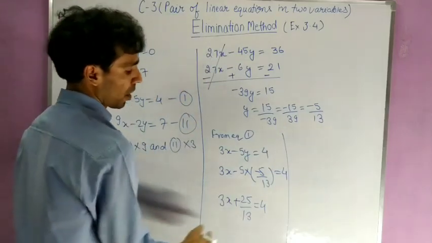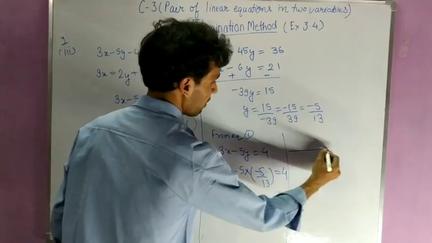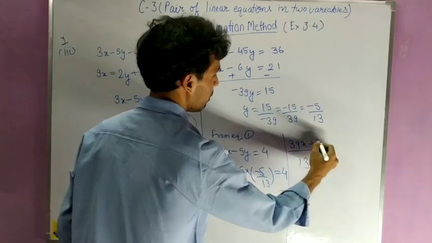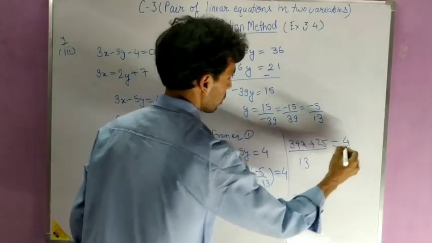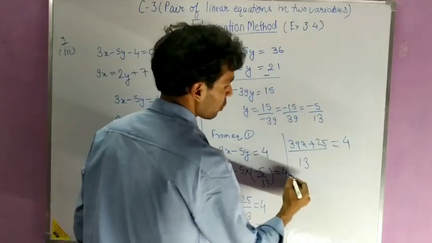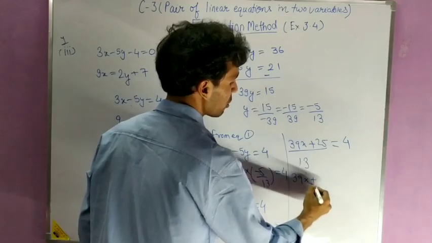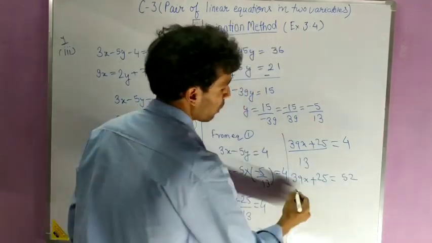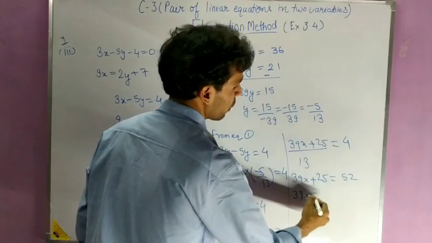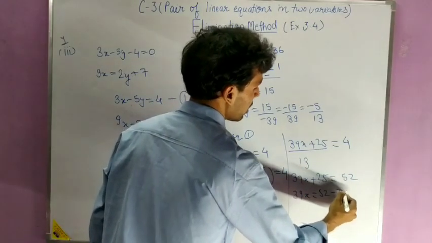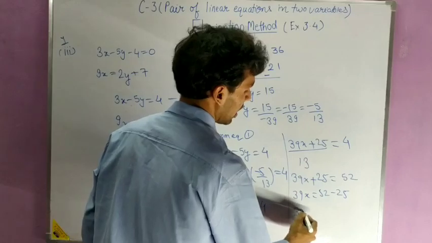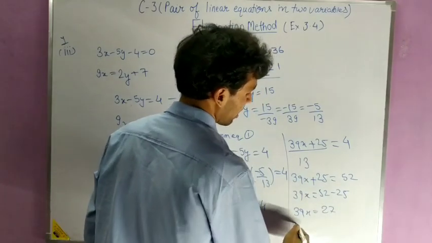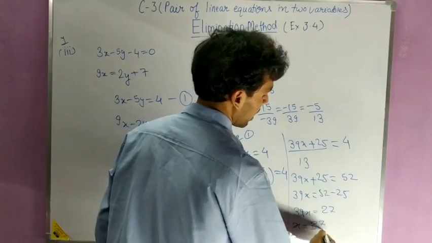Now take the LCM. LCM will come 13. So it will be 39x plus 25 equal to 4 into 13. Now cross multiply it. So 39x plus 25 equal to 52. Now 39x equal to 52 minus 25. Now 39x equal to 27.